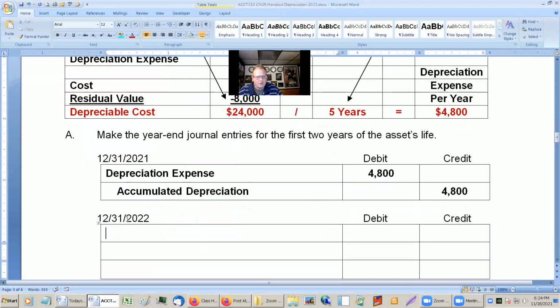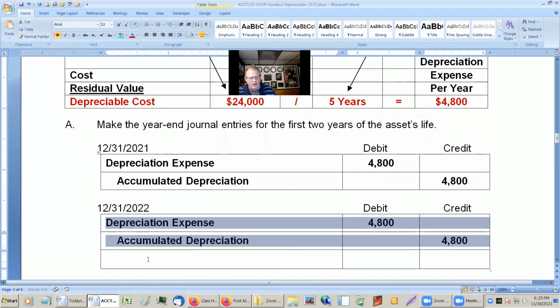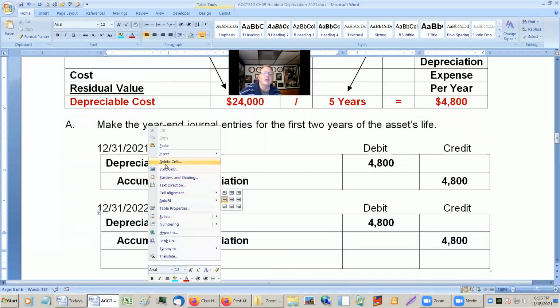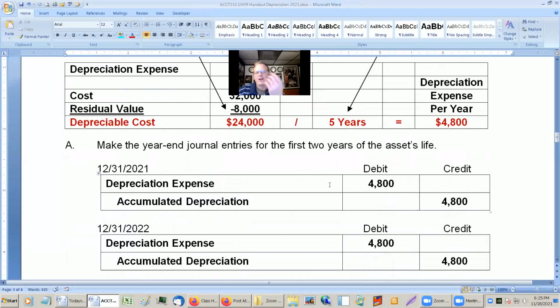So same thing in 2022. And so we're just going to make that same journal entry every year for the next 5 years.